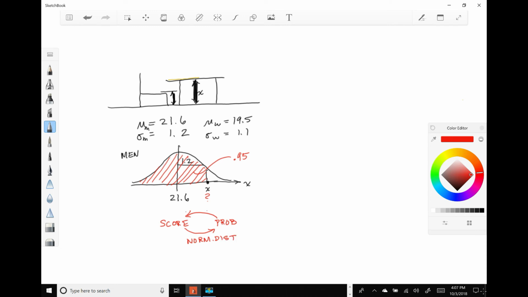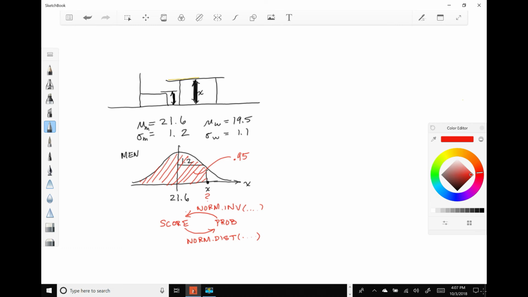Going from probability to score is calculated with NORM.INV. And of course you have to know what to put in between the parentheses to use these functions, and we'll get to that. In this case, we're trying to go from a probability of 0.95 to a score. So we're going to use NORM.INV. So what numbers do we put in?